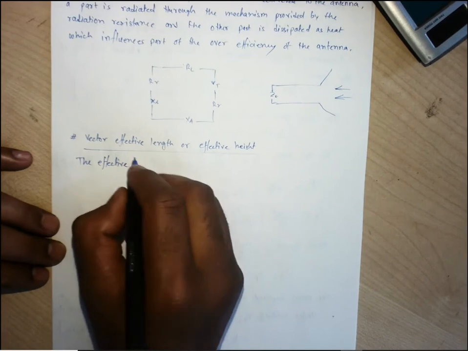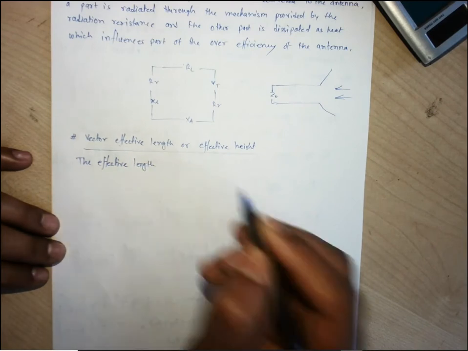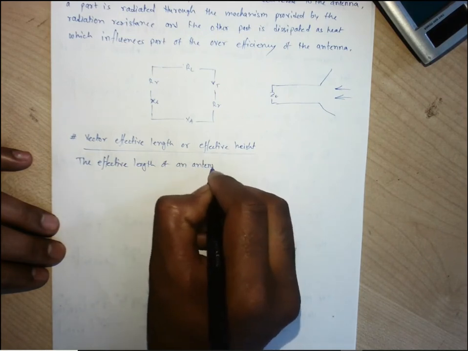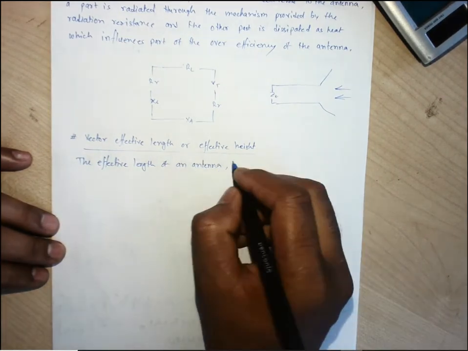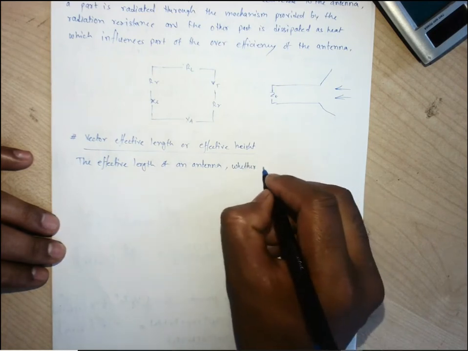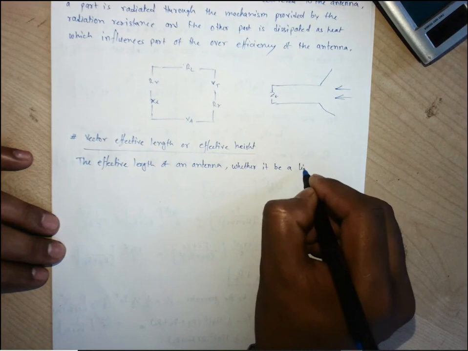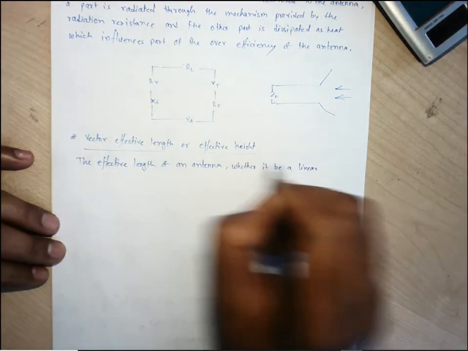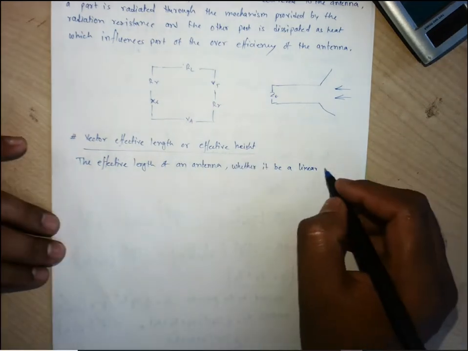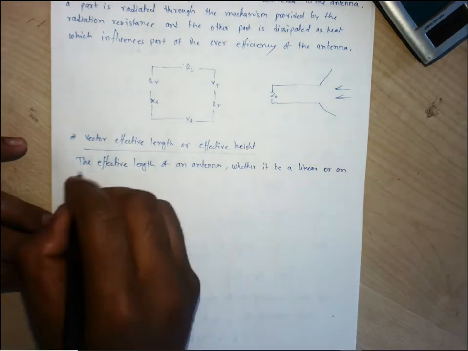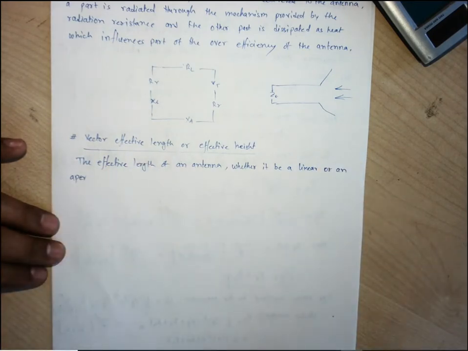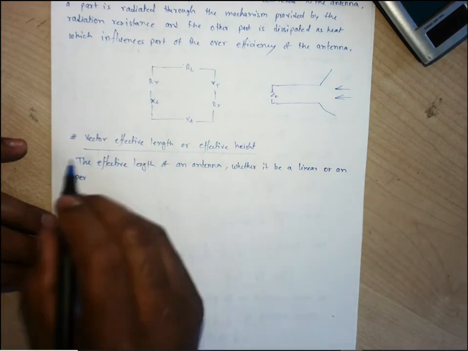The effective length is not at all the physical length, it is the effective length of an antenna, whether it be linear, meaning a single line or two-way transmission line, or an aperture antenna having certain openings from which the radiation is going out or waves have been received.